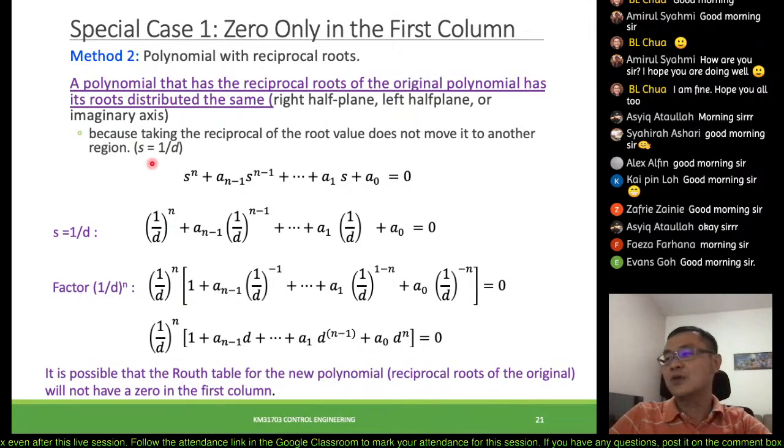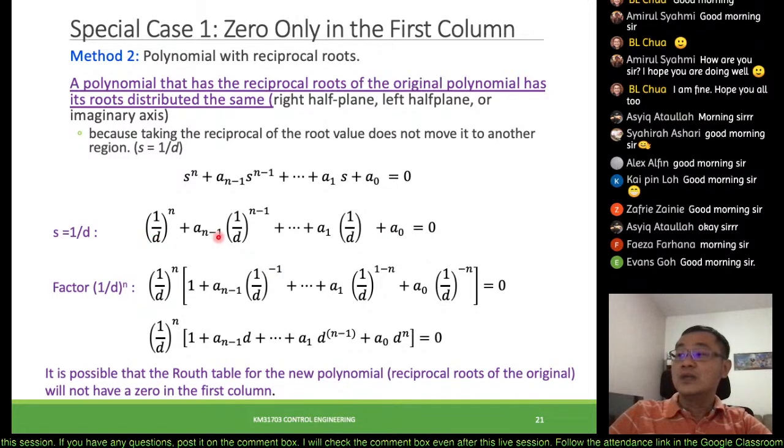Originally we have a polynomial with an order of s^n, then we just replace it, right? Then eventually we can factorize this out and rearrange. We will see that now 1, a_{n-1} and so on.